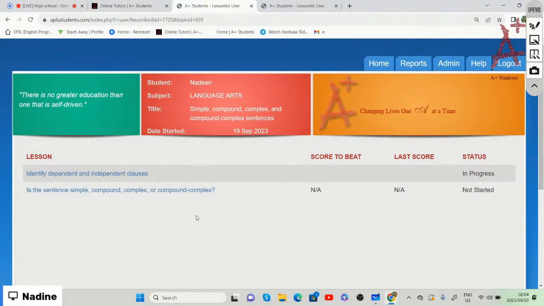So, like I said, this is a high school lesson on writing, and we are going to specifically focus on the grade 9 class. We'll be doing the chapter of simple, compound, complex, and compound complex sentences.